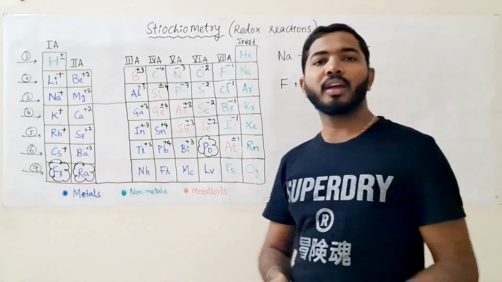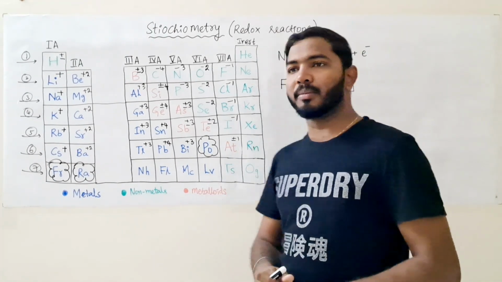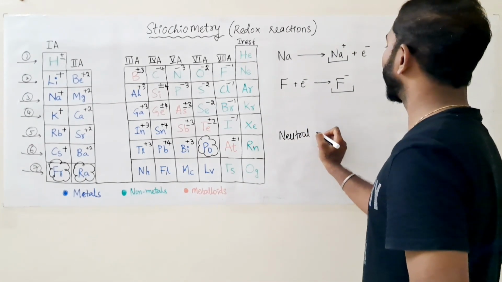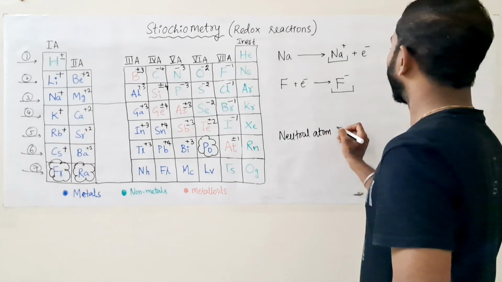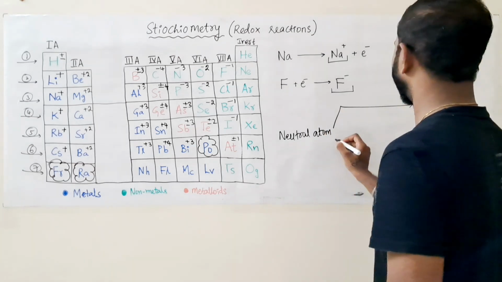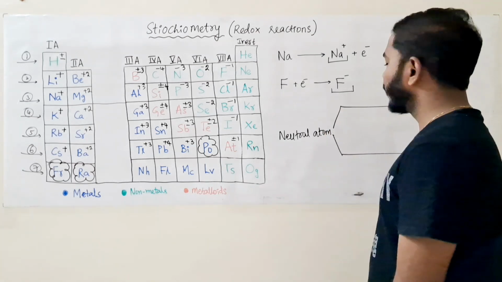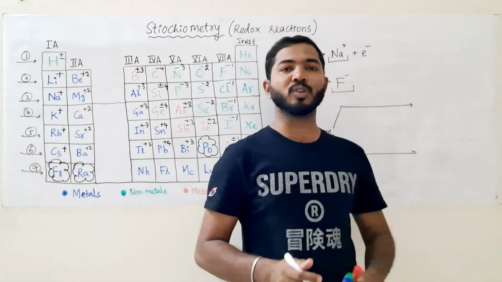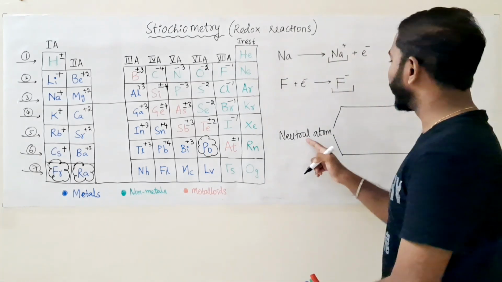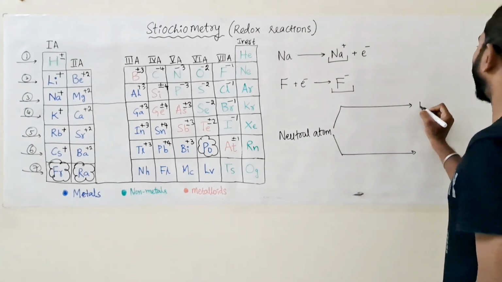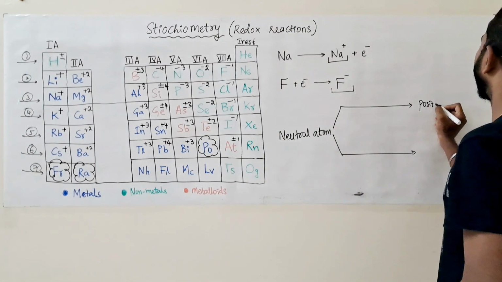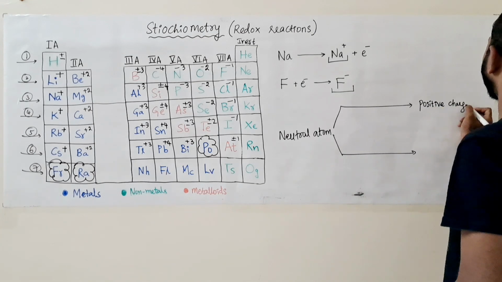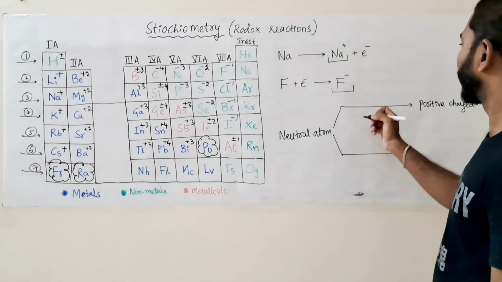Generally a neutral atom gets charged. When we talk about charges, we know that positive and negative charges are there. A neutral atom gets positively charged when it loses electrons.